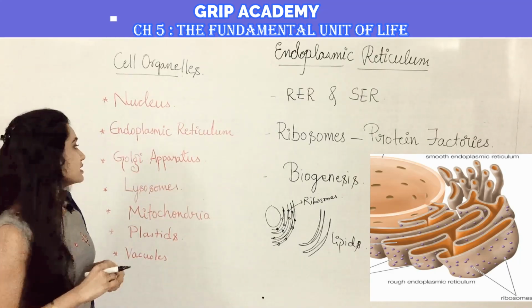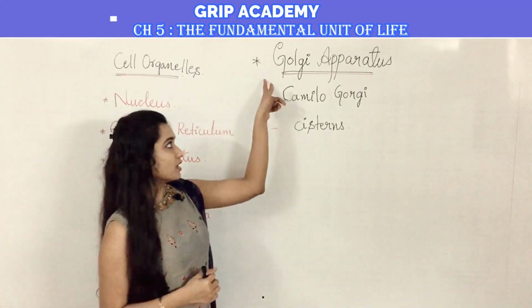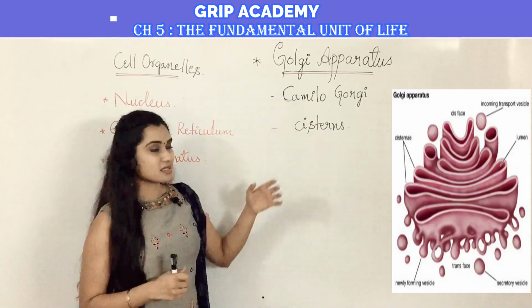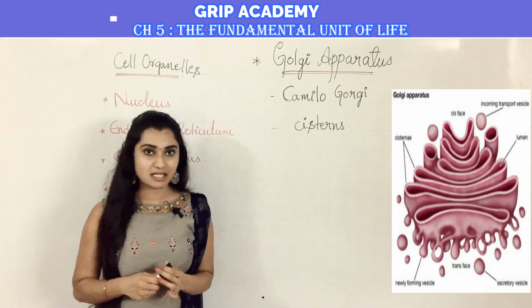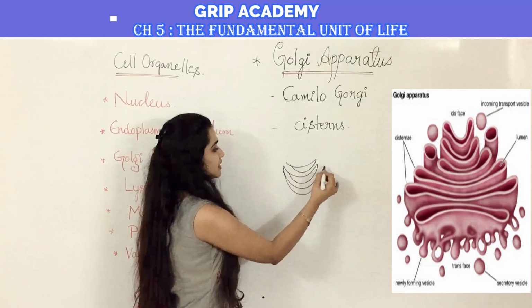Let's move on to the next cell organelle, which is the Golgi apparatus. The Golgi apparatus was first described by Camillo Golgi, and it consists of a system of membrane-bound vesicles arranged in parallel, on top of each other.